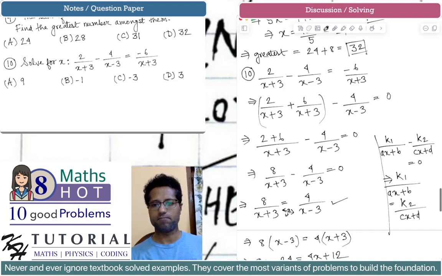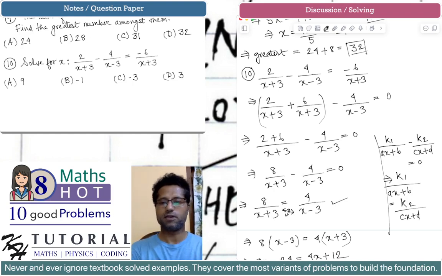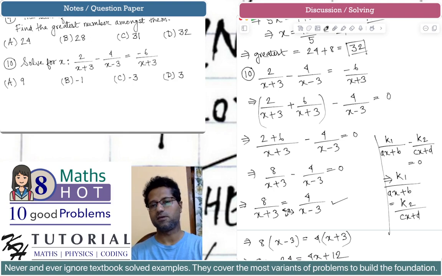I have said many times that if in a given equation you have rational terms, and at least one of those rational terms has the variable either in the numerator or in the denominator or both, then I have always said to multiply both the sides with the LCM of all the denominators of the rational terms. But if the denominator has the variable x, then you won't be able to find the LCM easily.